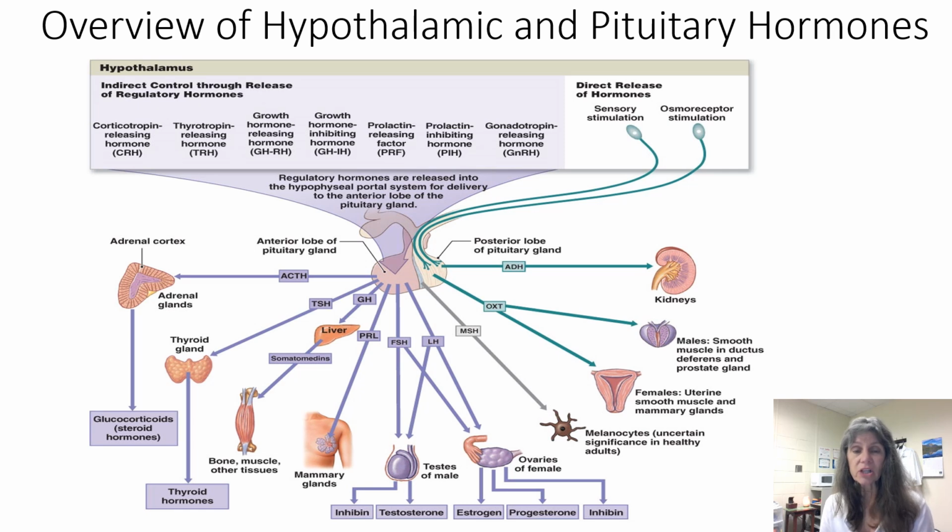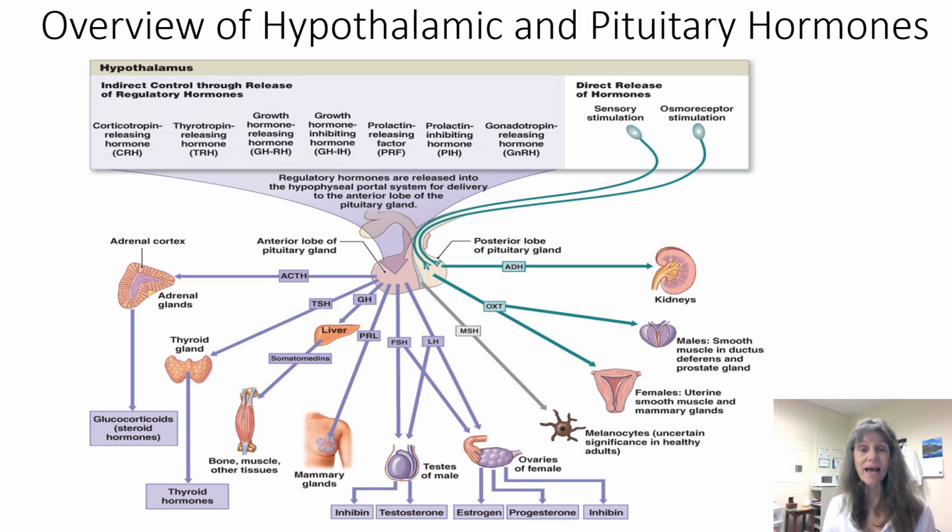When we look at the upper left side where you see the indirect control of the release of regulatory hormones, this is where we have the hypothalamus communicating with the anterior portion of the pituitary gland or the adenohypophysis.